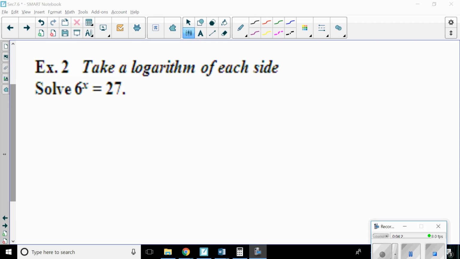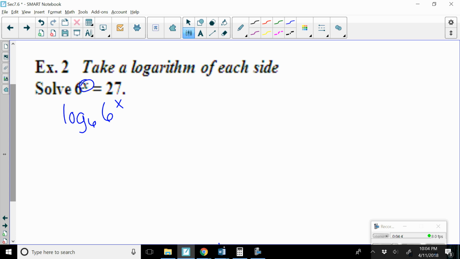In this second example, you have to remember the properties of inverse of logarithms, because here x is in our exponent. In order to solve for x, we need to take the logarithm of both sides, and specifically, we're going to take the log base 6 of both sides, because log base 6 of 6 to the x power is just equal to x.